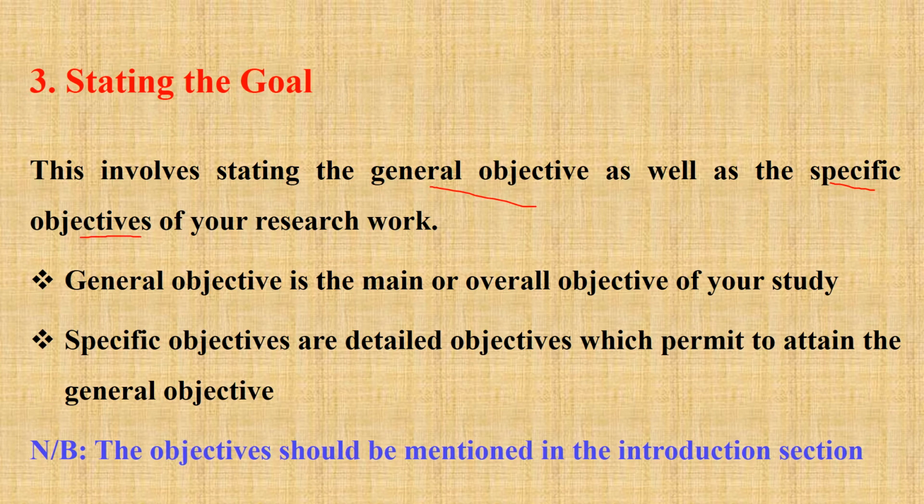The general objective is the main or overall objective of your study, while the specific objectives are detailed objectives which will permit you to achieve or attain the general objective.